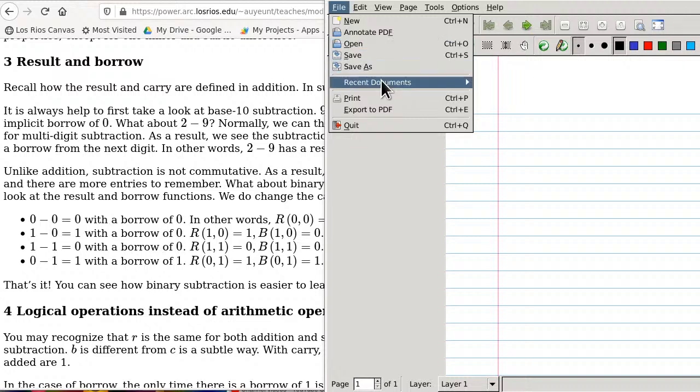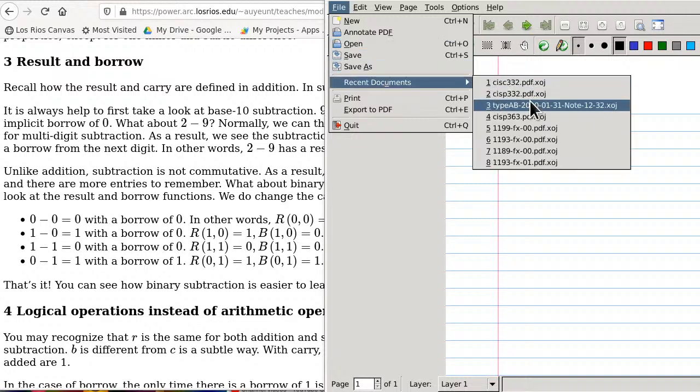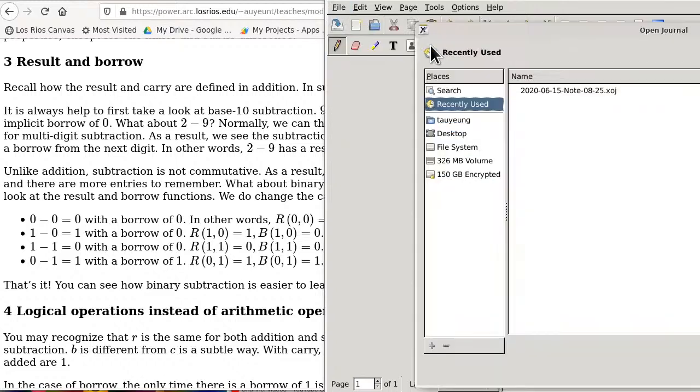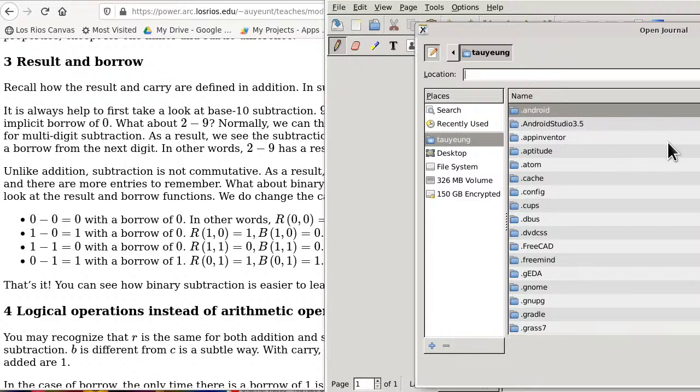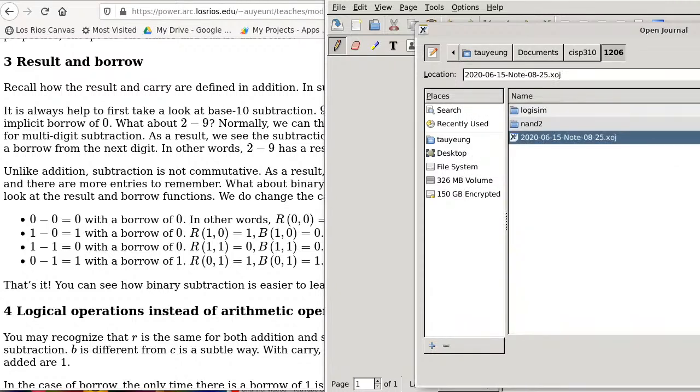It doesn't remember where I last put that file, so I'm going to search for that. And it's right here.